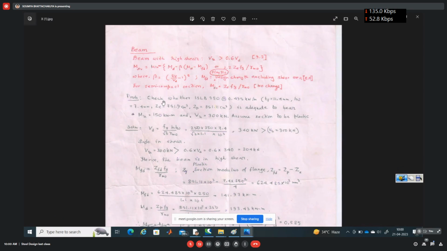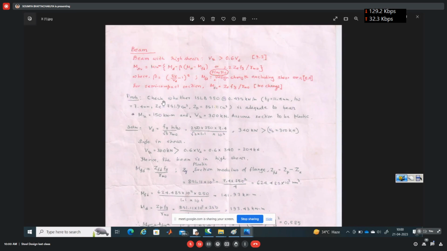Like, if you are given a very heavy assignment, and at the same time I ask you to go for a cricket tournament, either your assignment will be compromised or your cricket tournament will be compromised. So in that way, if it is already in high shear, then your moment capacity may be reduced.